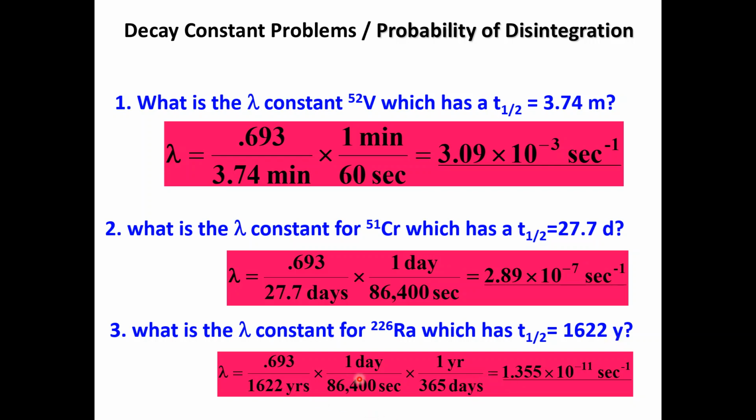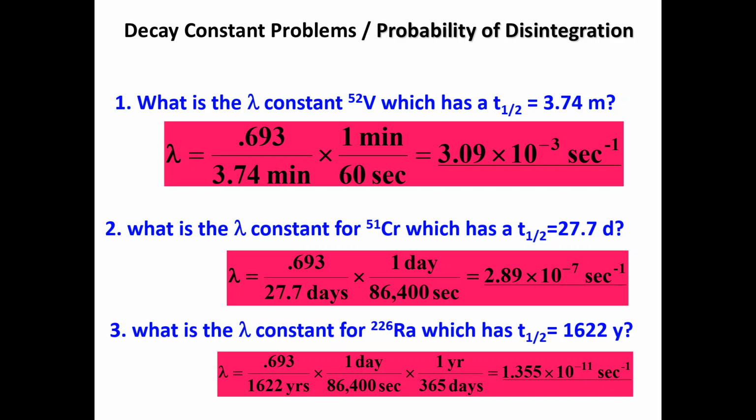In one day we have 86,400 seconds, and in 1 year we have 365 days. You do this calculation with a calculator, and you get the answer 1.355 times 10 raised to the power minus 11 per second.